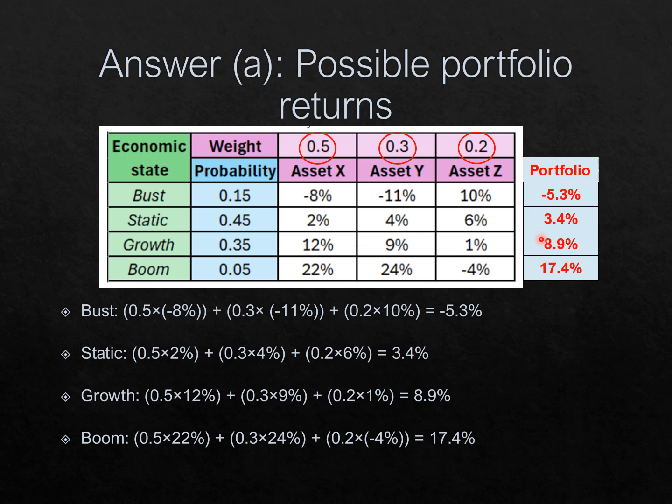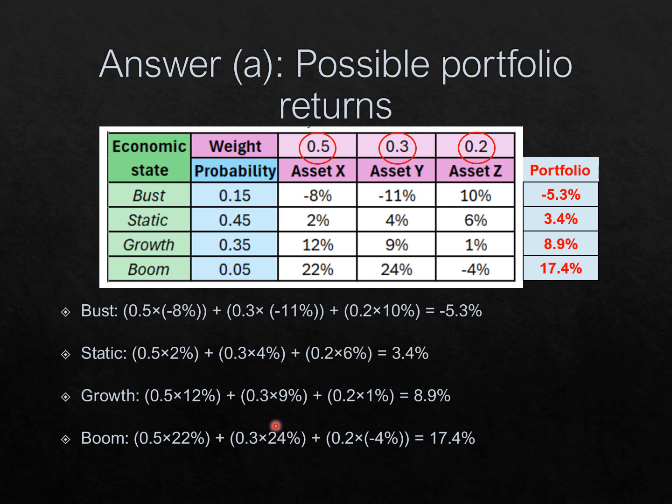You add them all, you get 8.9%. Likewise, for the final state, boom, 0.5 multiplied by 22%, 0.3 multiplied by 24%, 0.2 multiplied by negative 4%, you get 17.4%. So that's how you get the answer for the first question.